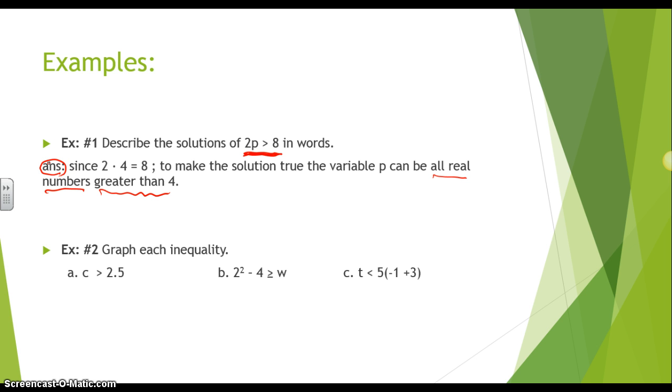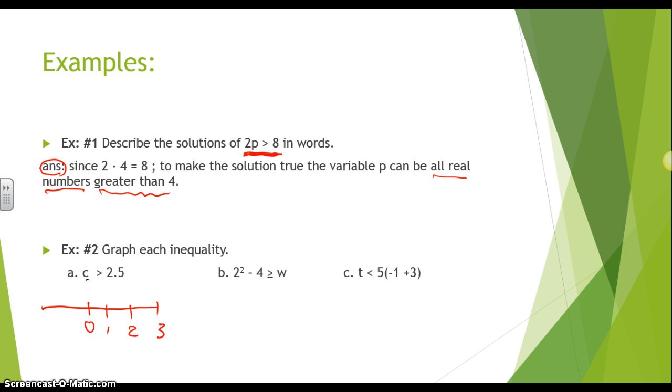Example number 2, graph each inequality. Here we're working with number lines, and with the open or closed circle that I showed you on the last slide. So when I look at A here, we can put a number line. If I add 0, 1, 2, 3. This is saying C is greater than 2.5.